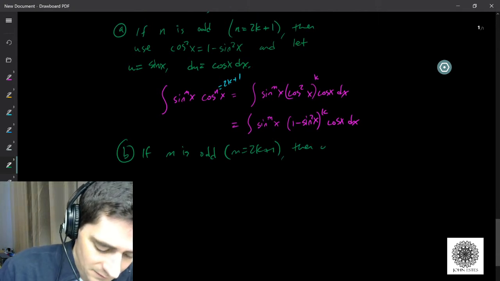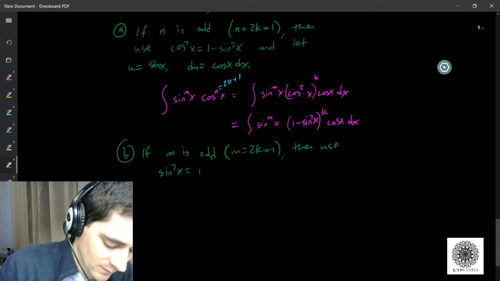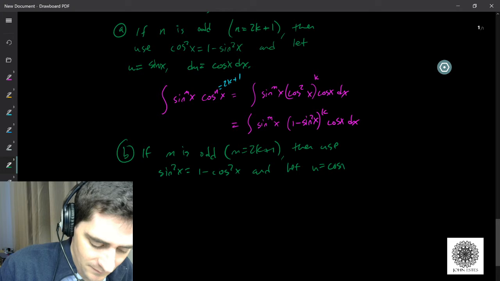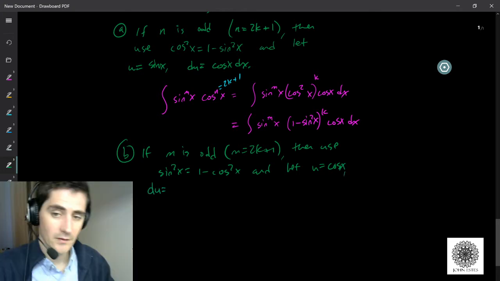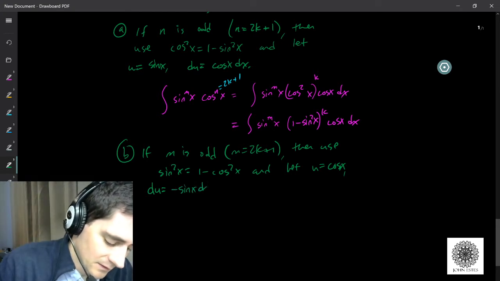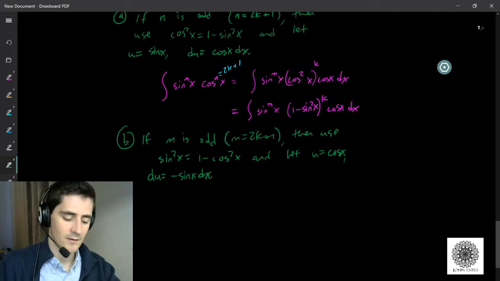Then we can use that sine squared of x is 1 minus cosine squared, and we let u be, this time, cosine x, and du, the only thing we have to worry about is the derivative of cosine x is negative, so we have negative sine x dx. Other than that, it follows the same pattern.